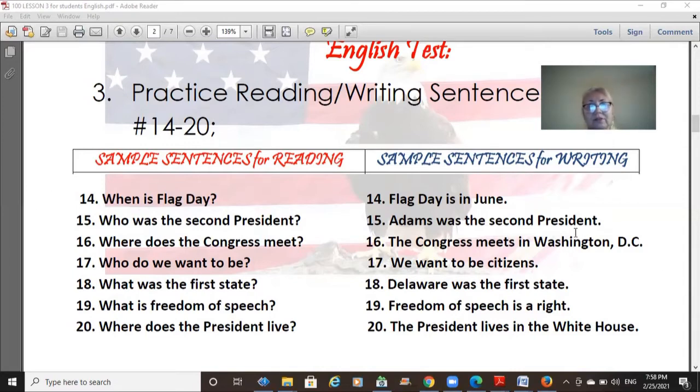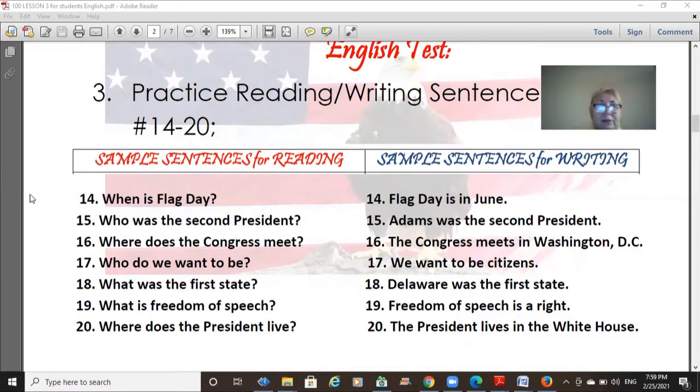So you will have 3 attempts to write sentences during the interview. But if you write it correctly at first attempt, you will not have the second or third one. Okay, but the total number for reading is 3, and the total number for writing is 3.